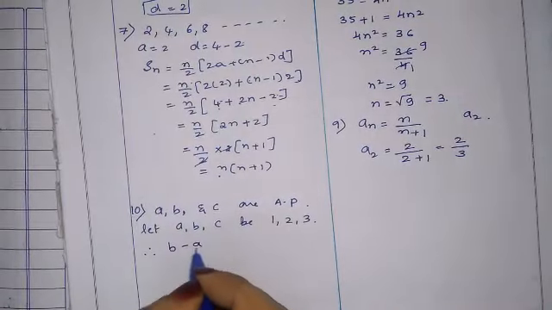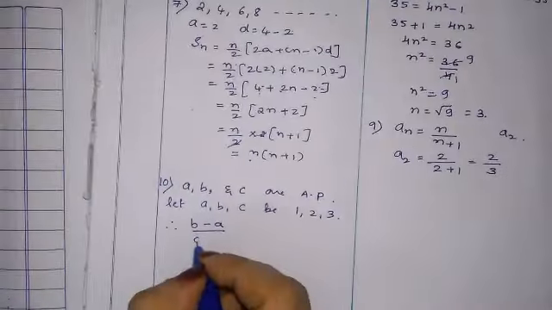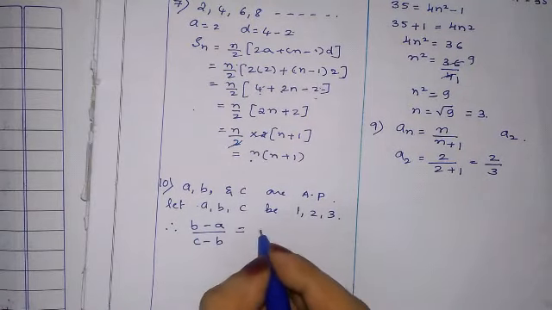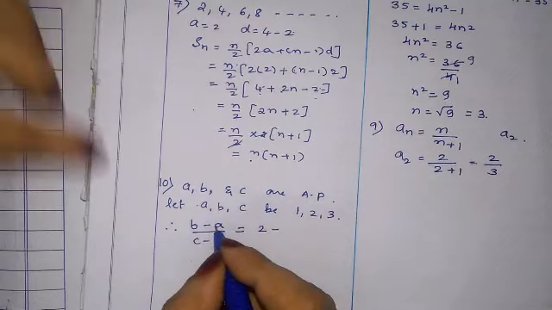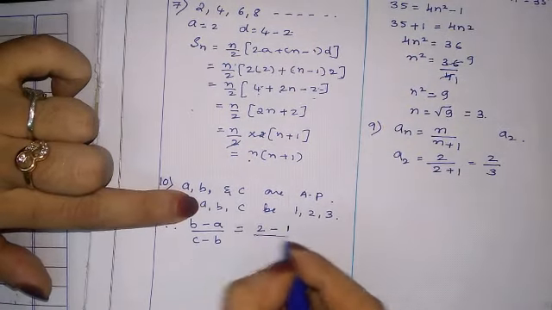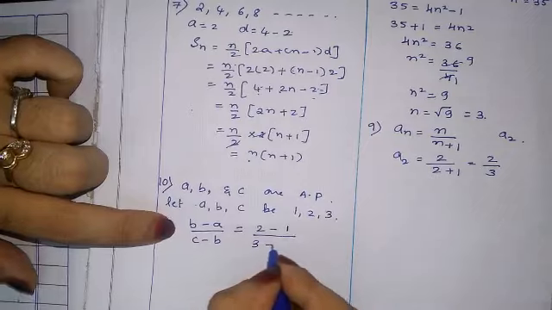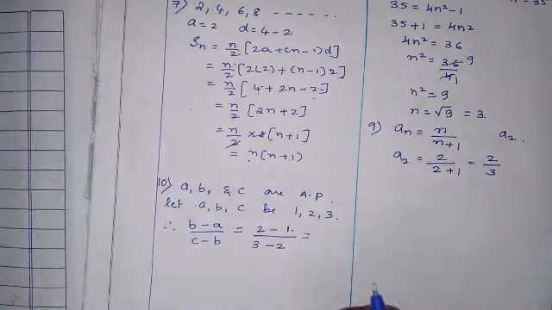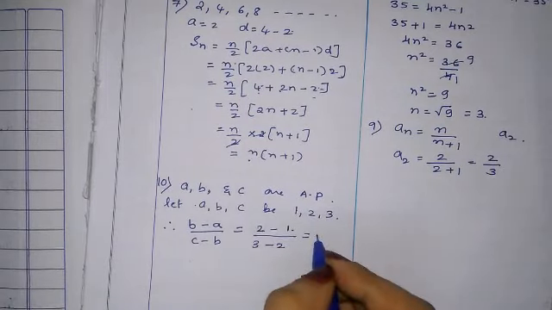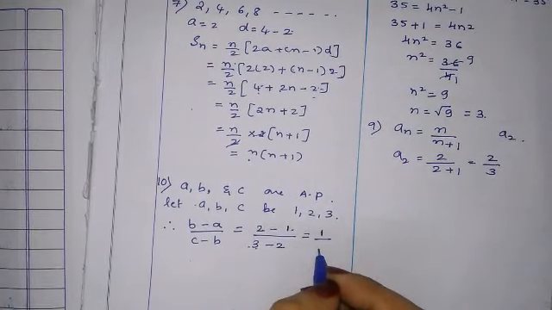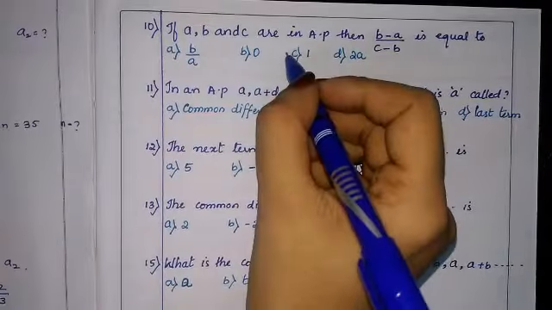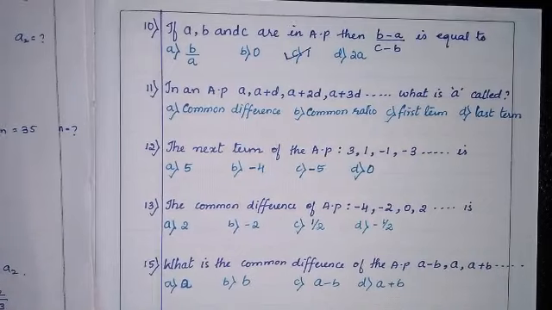Therefore b minus a upon c minus b: b value is 2 minus a value 1, upon c value 3 minus b value 2. So 2 minus 1 is 1, upon 3 minus 2 is 1. So 1 upon 1 is the answer, 1. Option C is the correct option.